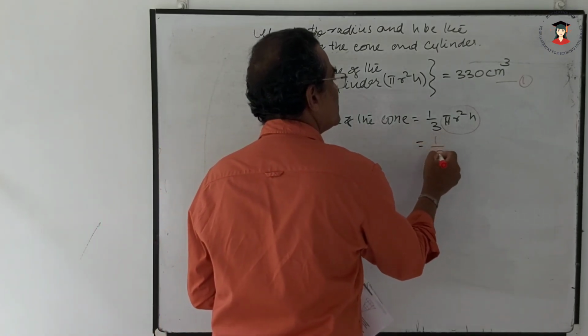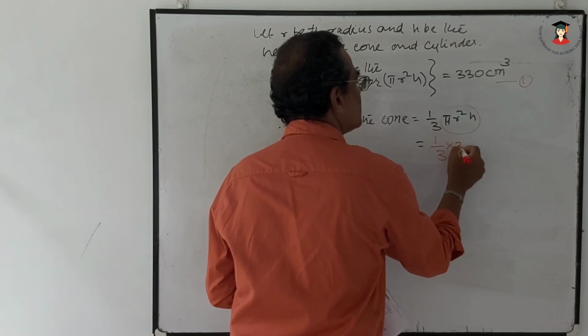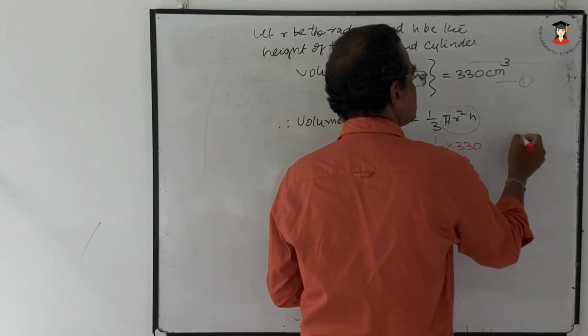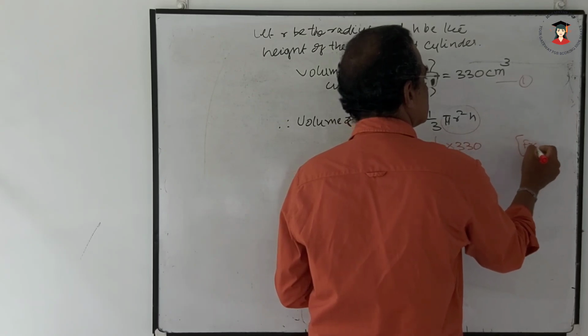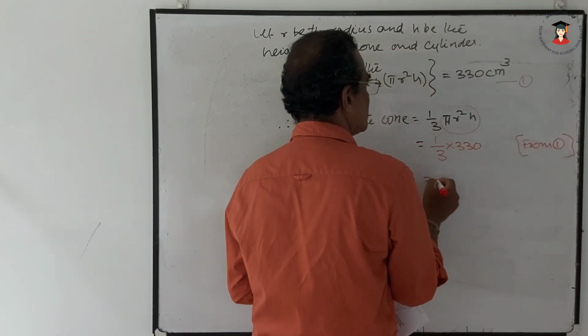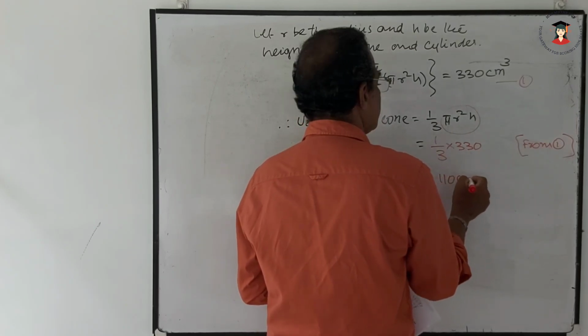That is 1 by 3 into, instead of pi r square h, we can write 330. This is equal to 110 centimeter cube.